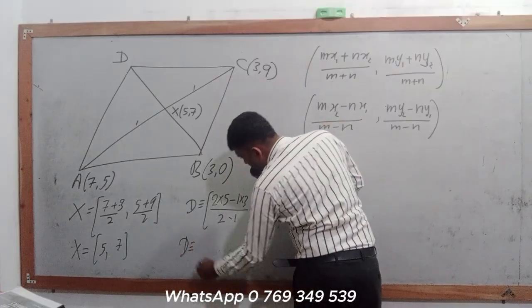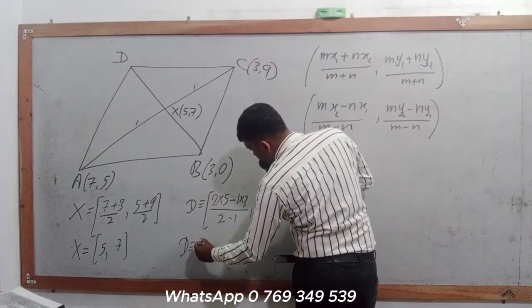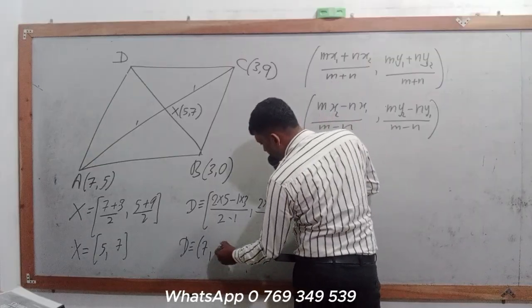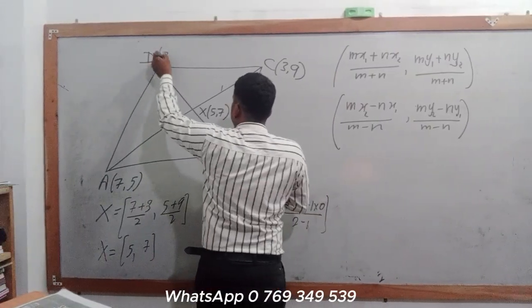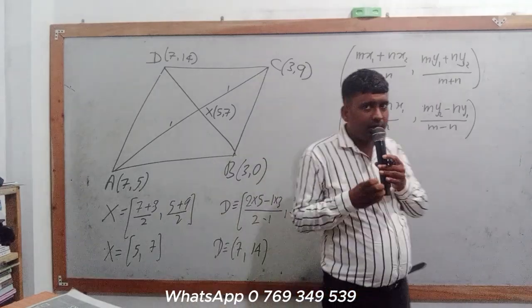Therefore, D equal here 10 minus 3 is 7. Here 14. 7, 14. Right? That is the answer.